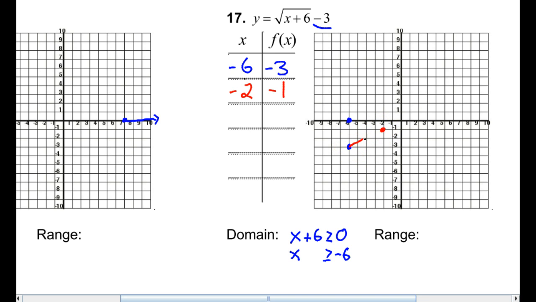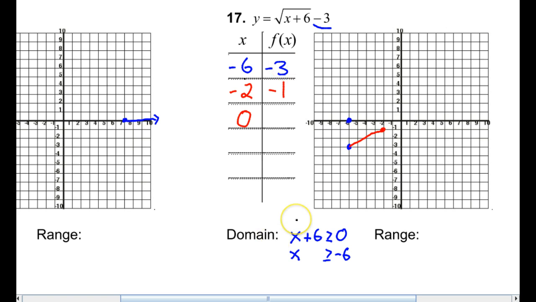So we can already see it kind of opening up this way. So there is a method for picking nice compatible numbers. You won't be able to do that all the way through. You might have to pick something like 0, and find out on your calculator. Square root of 6 minus 3 is, whatever, about 1 point something. Why don't we do that just in case?